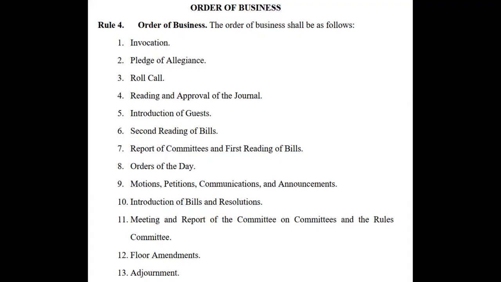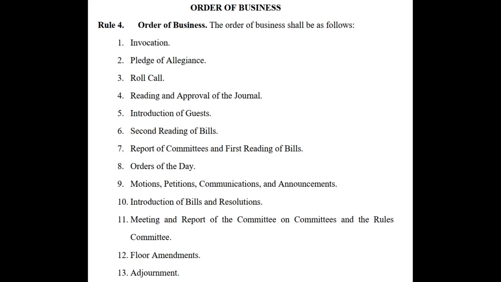Order of business. Rule 4. Order of business. The order of business shall be as follows. 1. Invocation. 2. Pledge of Allegiance. 3. Roll call. 4. Reading and approval of the journal. 5. Introduction of guests. 6. Second reading of bills. 7.